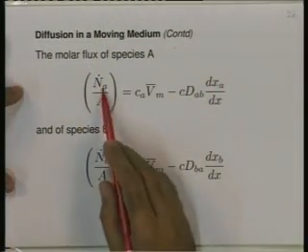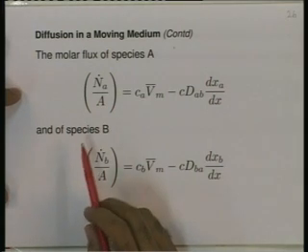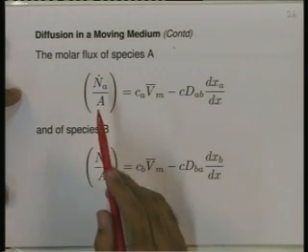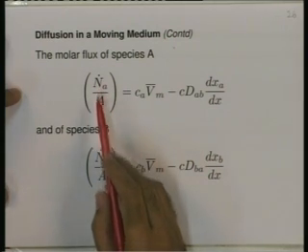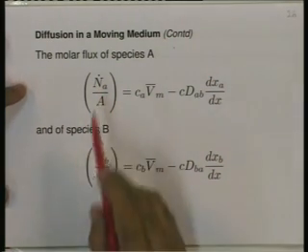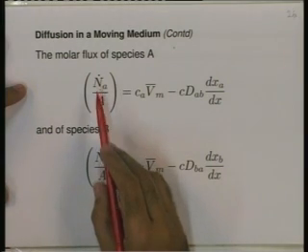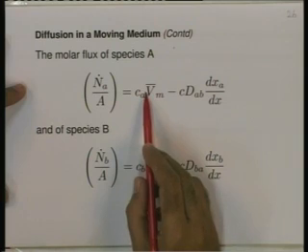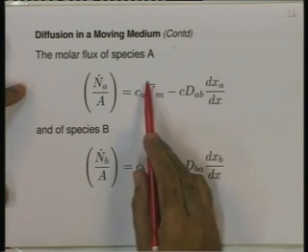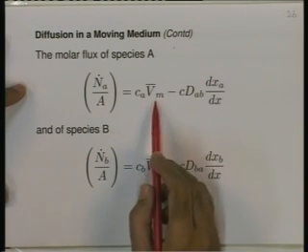With this superposition, it is now possible to write down the molar flux of species A, that would be n dot A per unit area. The units here will be kilomole of A per second per meter square, so, kg mole A per meter square second. That will be the molar density of A multiplied by the mean molar velocity.